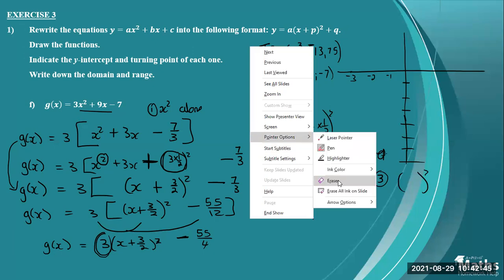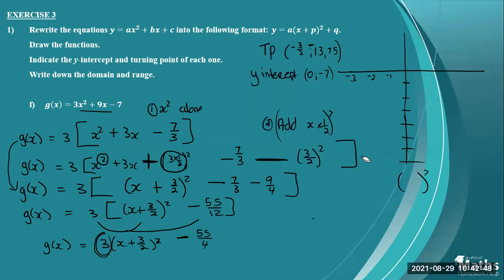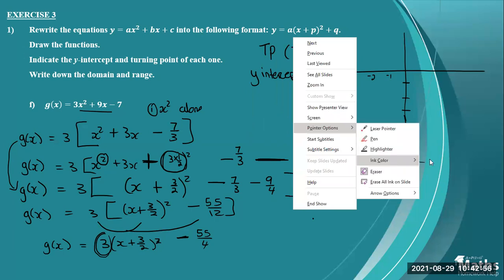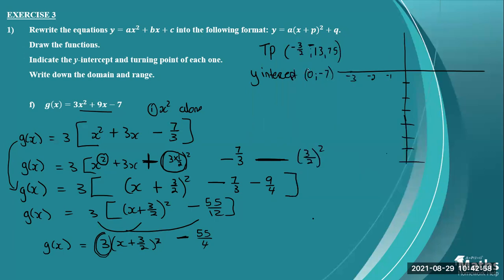And let's just get some space here so that we can draw it properly. I'm sure you do understand completing the square now. Right. So the y-intercept will be at negative 7: negative 2, negative 4, negative 6, negative 8, negative 10, negative 12, negative 14.